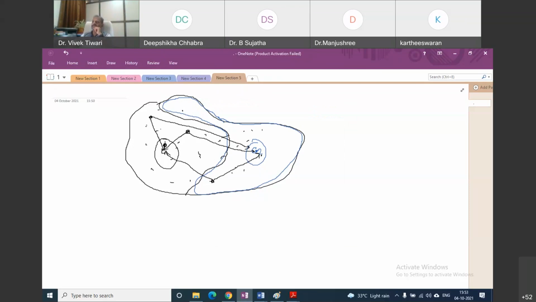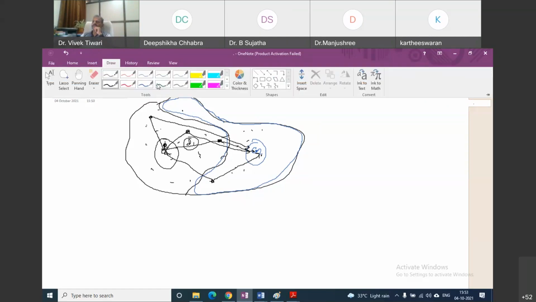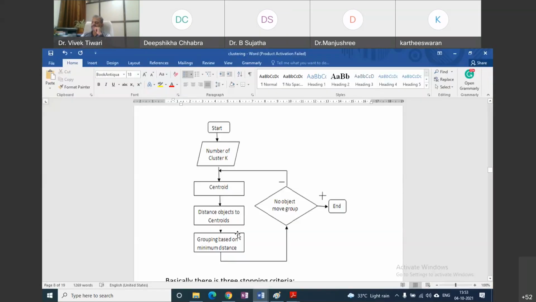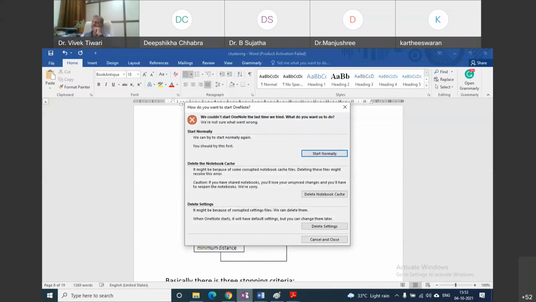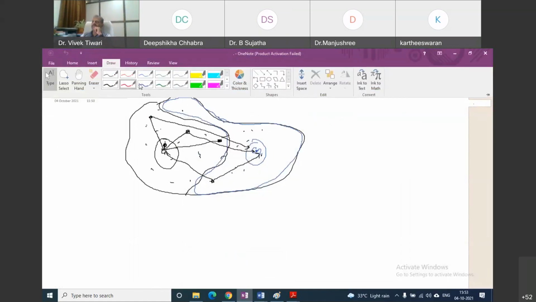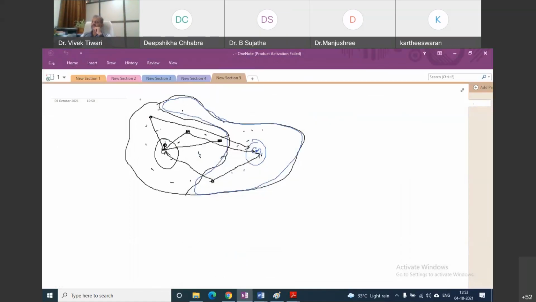I am just focusing on one data point, and the process will repeat for everybody.